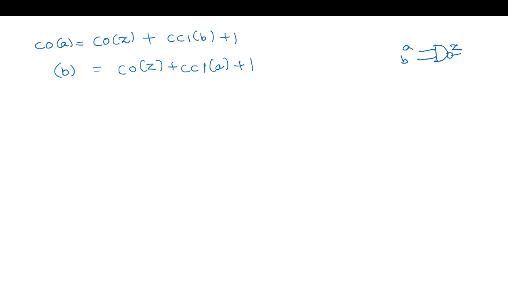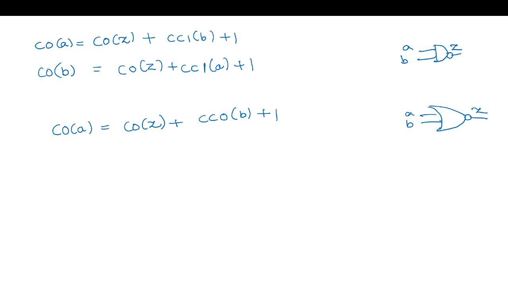And for a NOR gate, A, B, Z, the combinational observability of A: 0 is the non-controlling value, so 0 at B. And if you want to observe B, now A should be at a non-controlling value, or A should be 0.